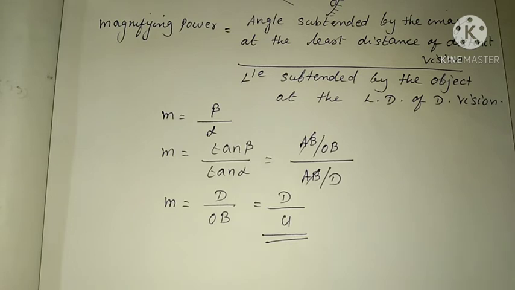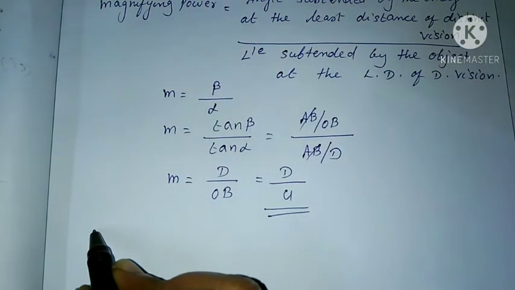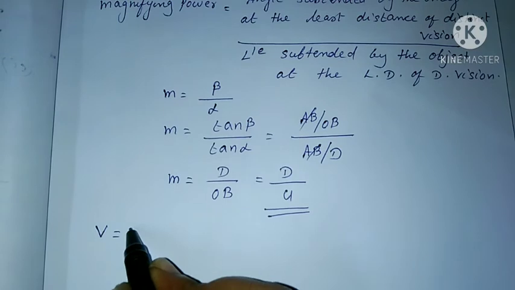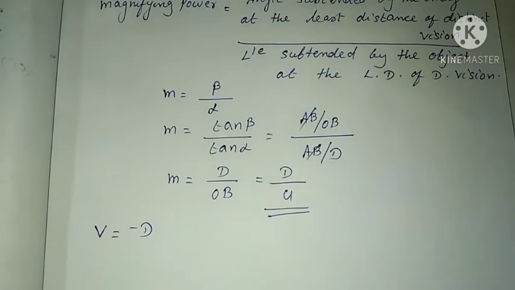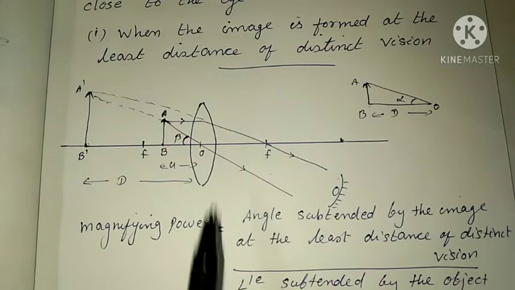If the image is at the least distance of distinct vision, we can write V, the image distance, V equal to minus D. So you want to put the sign also, for the object distance and for the image distance.